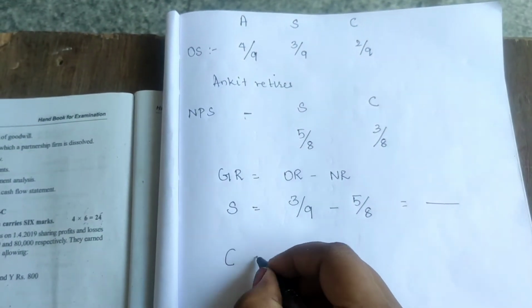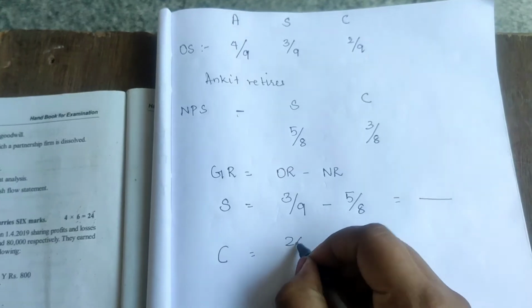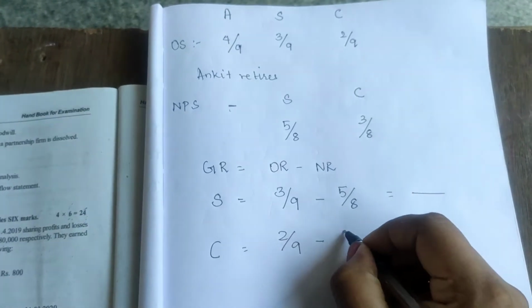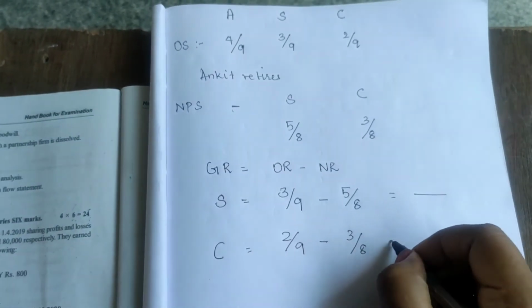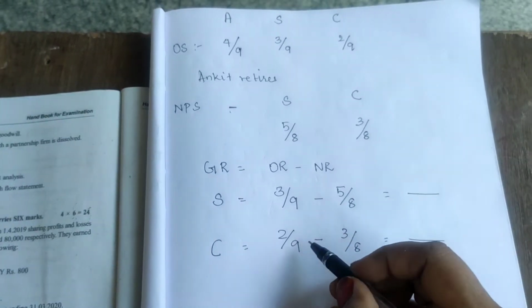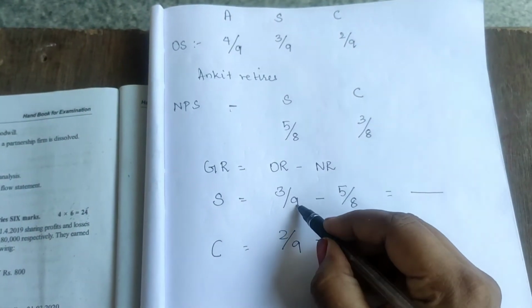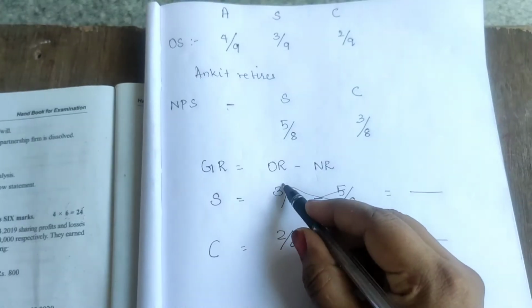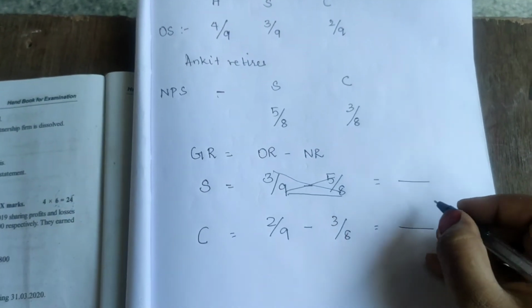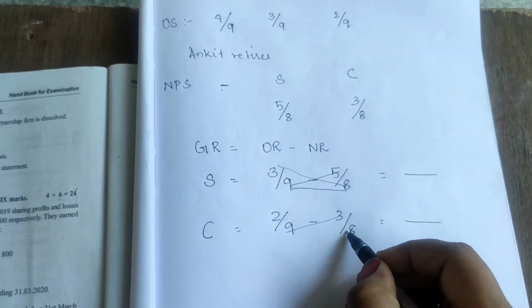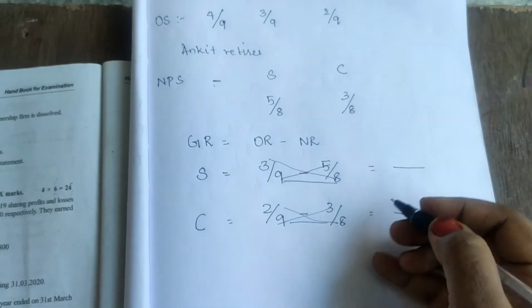And Chandru is equals to 3/8 minus 2/9 is equals to, here we are going to adopt the butterfly method. 9 5s are, 8 3s are and 9 8s are. Okay, 9 3s are, 8 2s are and 9 8s are.